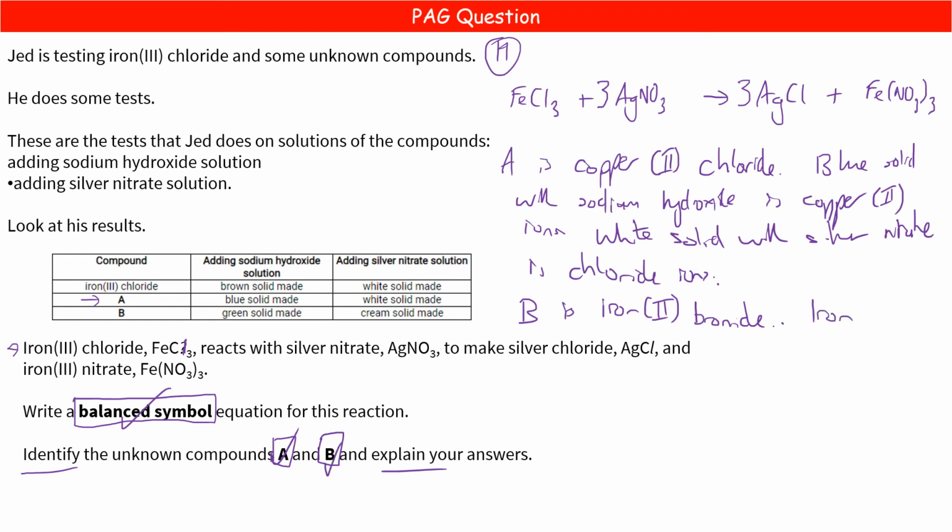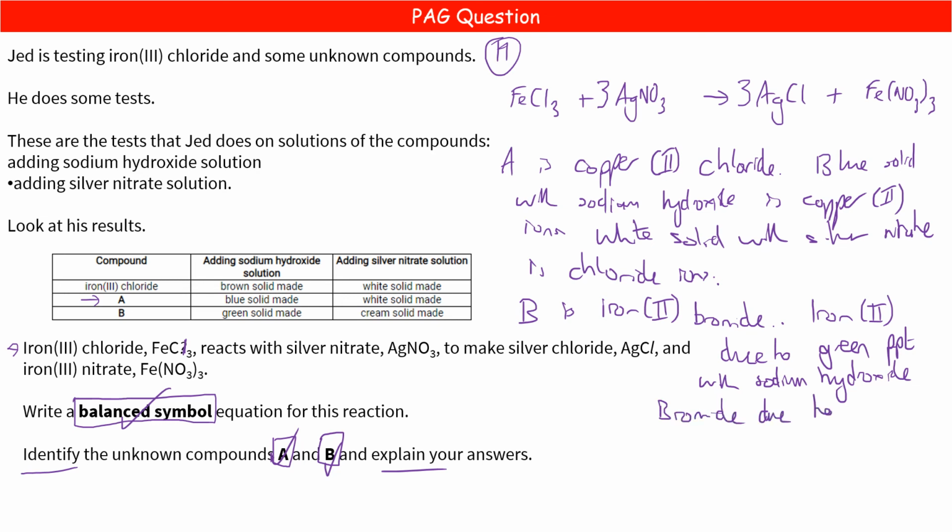So iron 2 due to green precipitate with our sodium hydroxide, and then bromide due to the cream precipitate with silver nitrate.